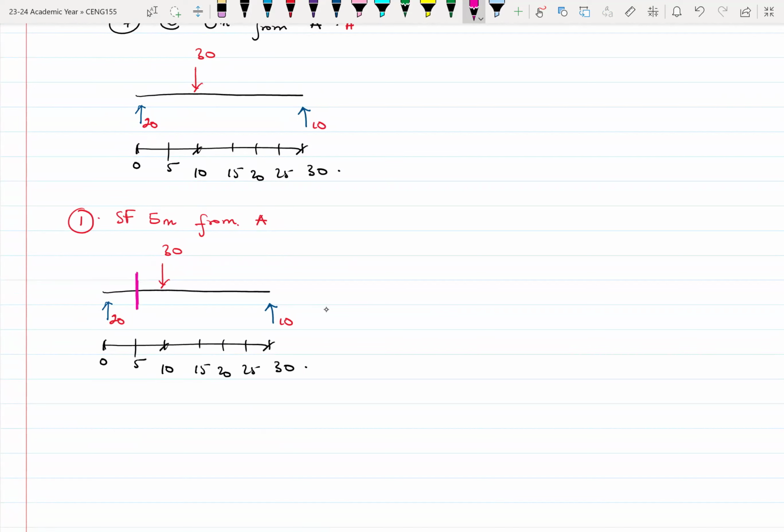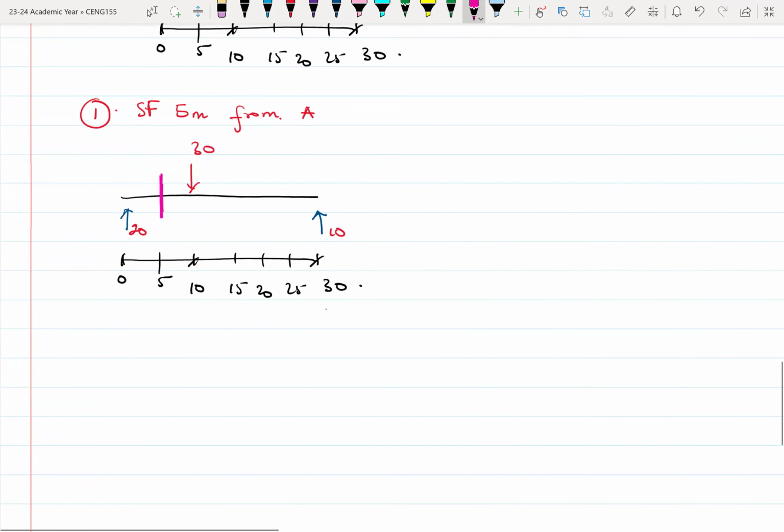So I'll have two parts, a left-hand side and a right-hand side. Assuming I'm working with the left-hand side, you can also work with the right-hand side if you want, but it has to be one or the other, not both, because if you do both you would end up with the same answer.